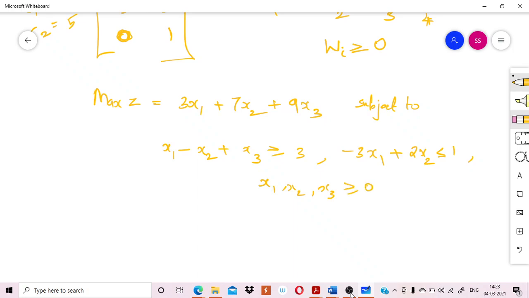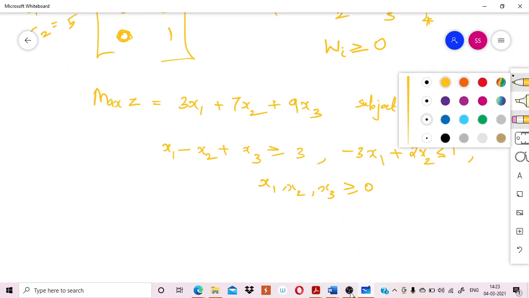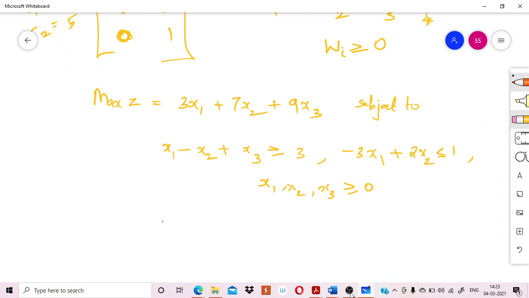That means non-negative. If you observe this primal LPP, you will find that it is not in our canonical form. For a max problem, the constraints must be in the less than or equal to inequality form.